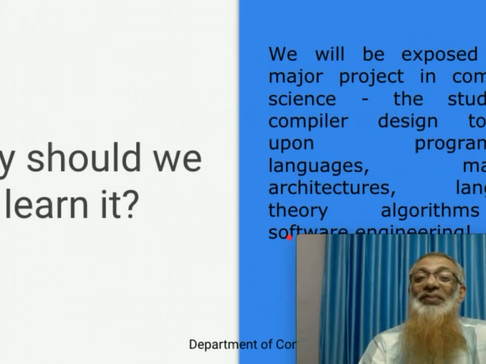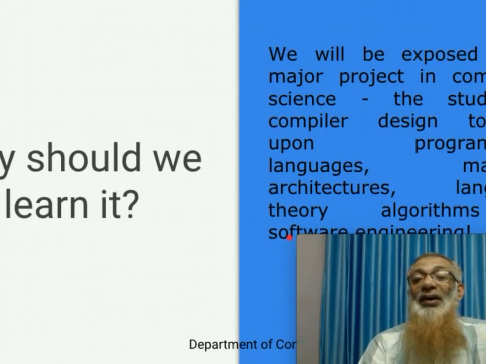Machine architectures deals with the architecture of the CPU. Target code is being made for the machine. Hence, the architecture of the machine is of high importance. Language theory algorithms deals with how to represent and manipulate a language in a way a program can understand.